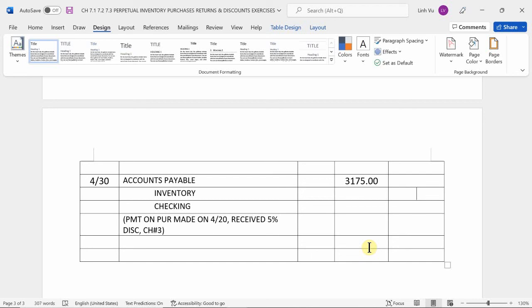No. So you're down at 3,125. Freight was $50. So what's 5% of 3,125? $156.25. Good. So that means how much are you actually going to pay this vendor?